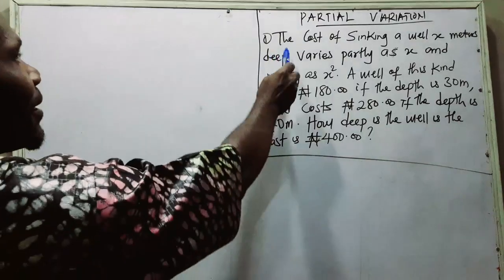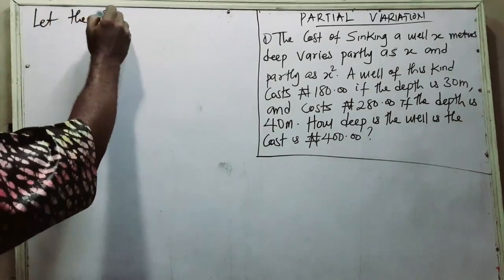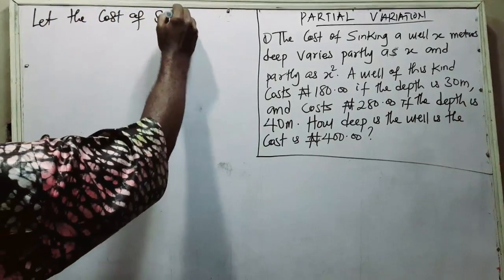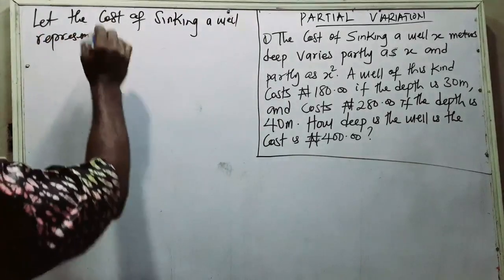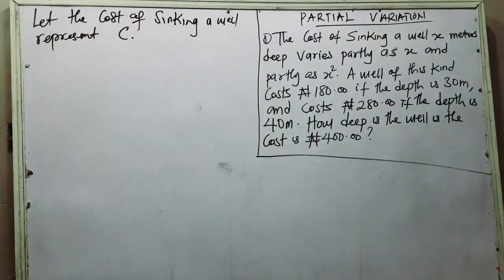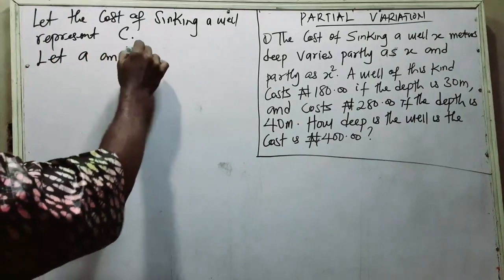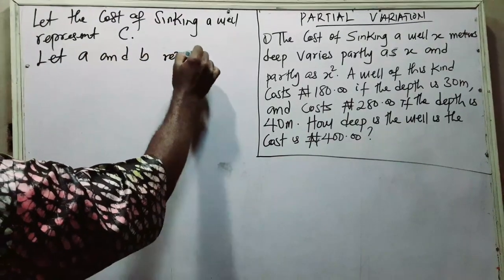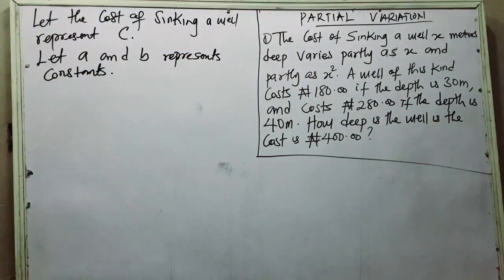The first statement says the cost of sinking a well x meters deep varies partly as x and partly as x squared. Let C represent the cost of sinking a well, and let a and b represent constants.